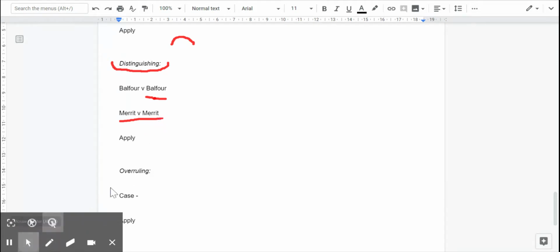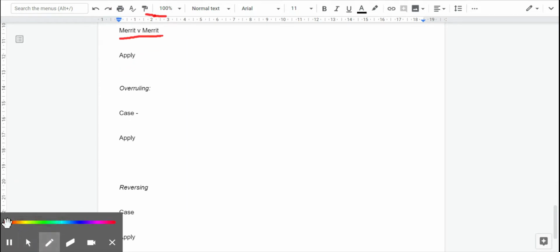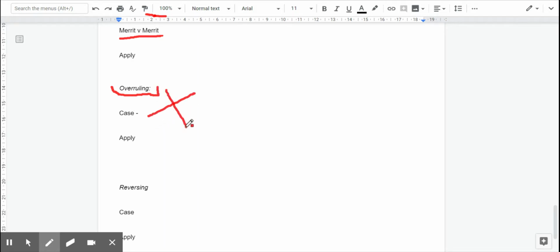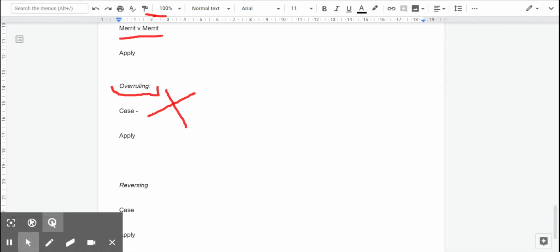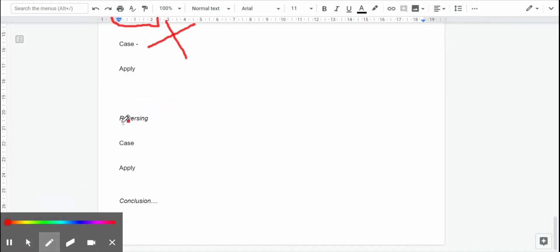So moving along to overruling. Overruling is when a higher court changes the decision of a lower court in a later case. We've got a later case, but we don't have a higher court. We know the Court of Appeal is below the Supreme Court, so we can rule that one out. Moving along to reversing. Reversing is where a higher court changes the decision in the same case.